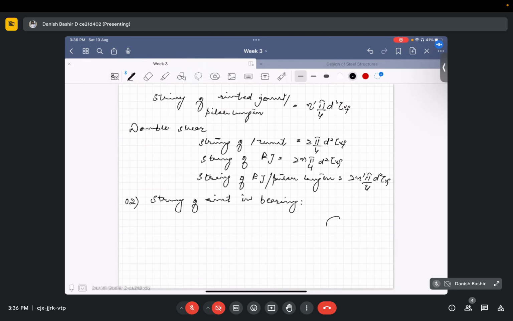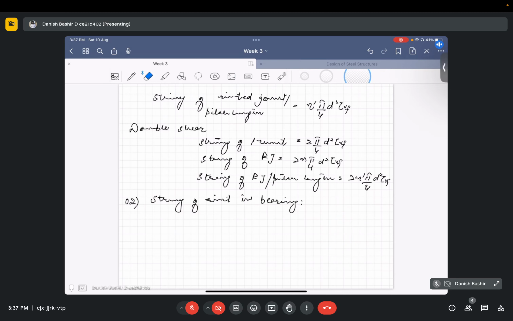For example, this is the hole, and we have a rivet inside it like this. The force exerted by the section all around it on this rivet is known as the bearing strength of the rivet. Whatever force it can resist is the bearing strength.